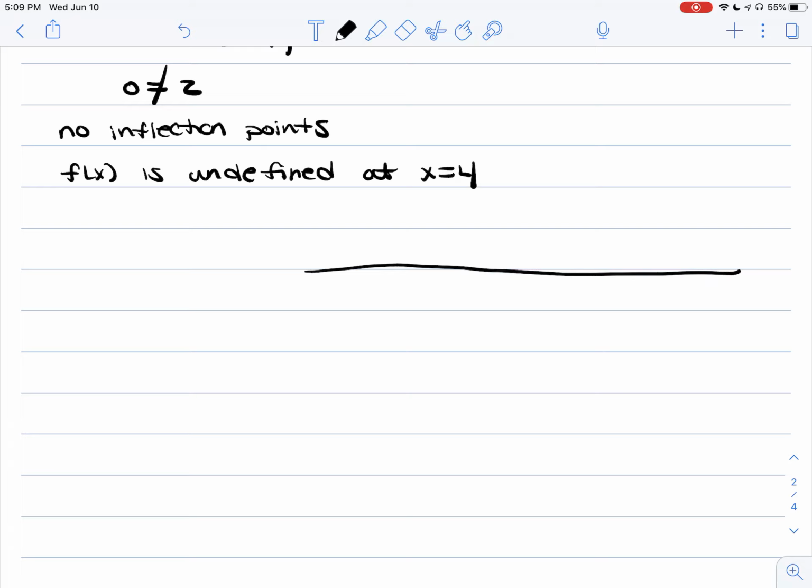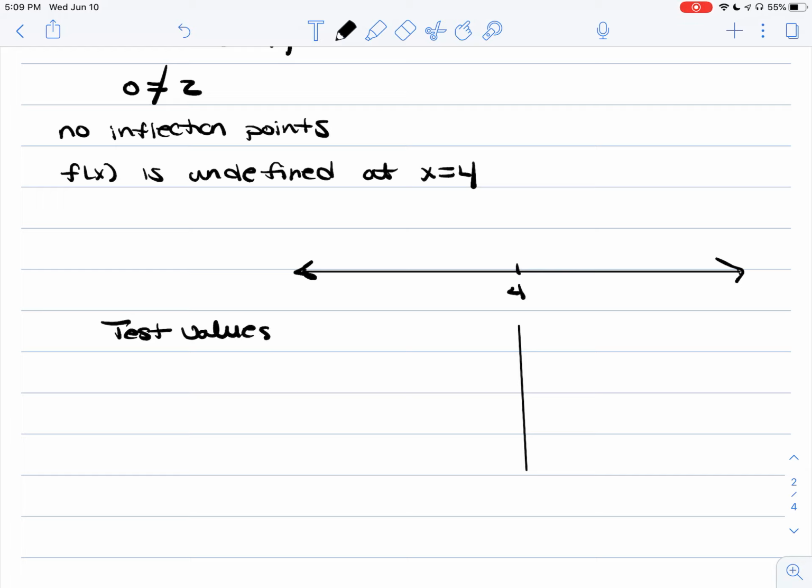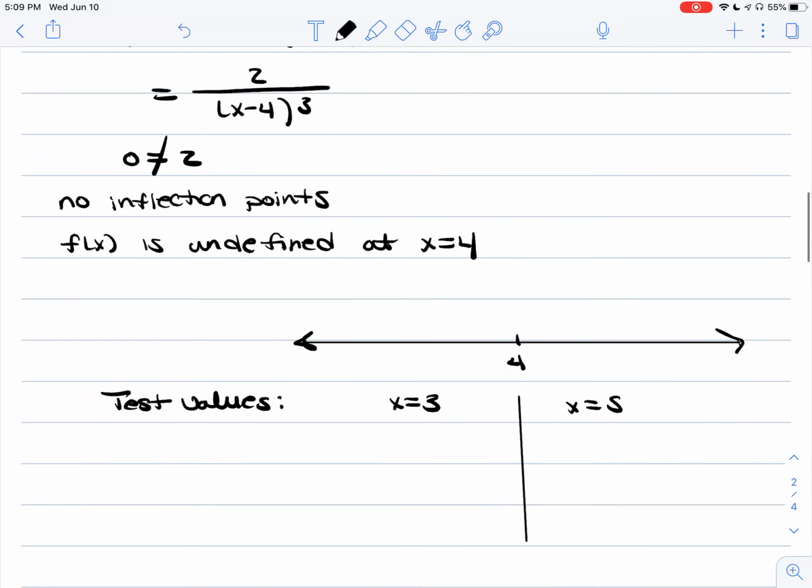For our number line, although there's no inflection points, we still put 4 on there. Pick your test values. So I'll go with 3 and 5 again.